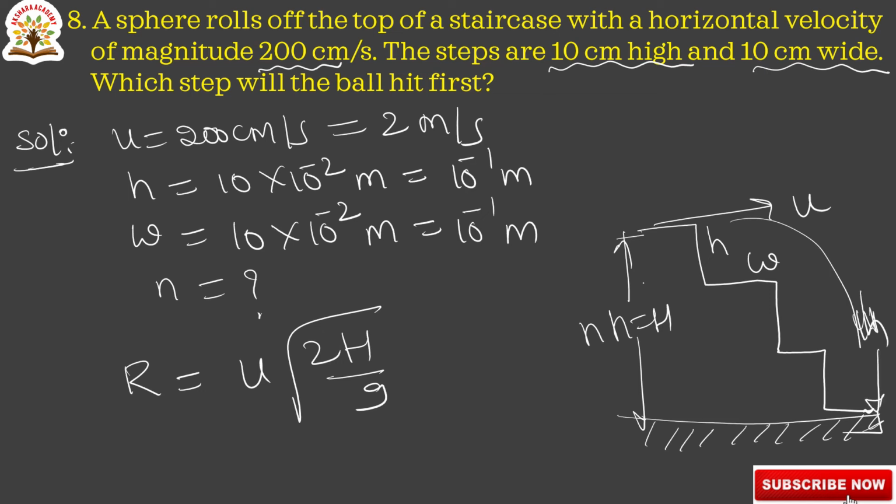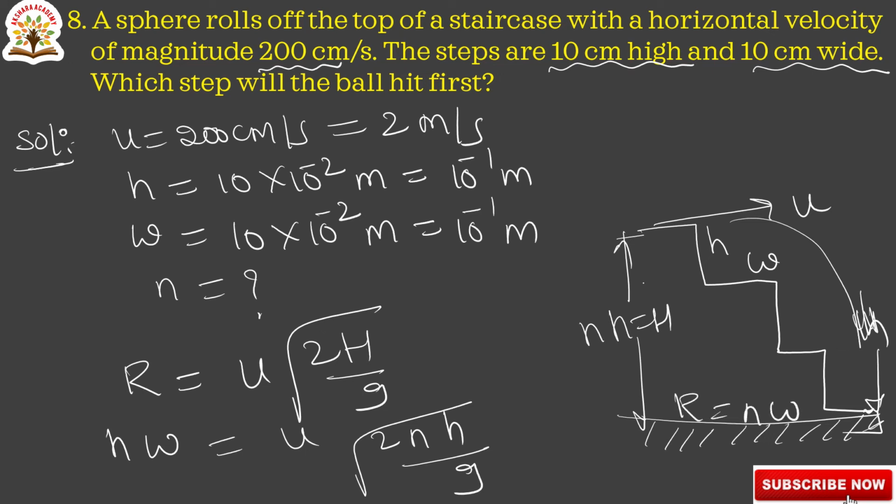Now we are writing, r is equal to height into w, that is equal to u root of 2h by g. Here r is equal to n into width.